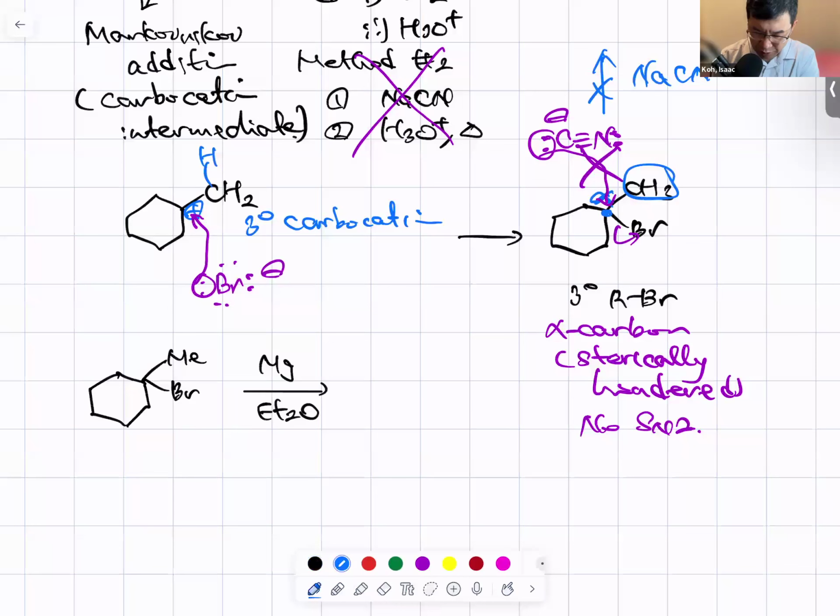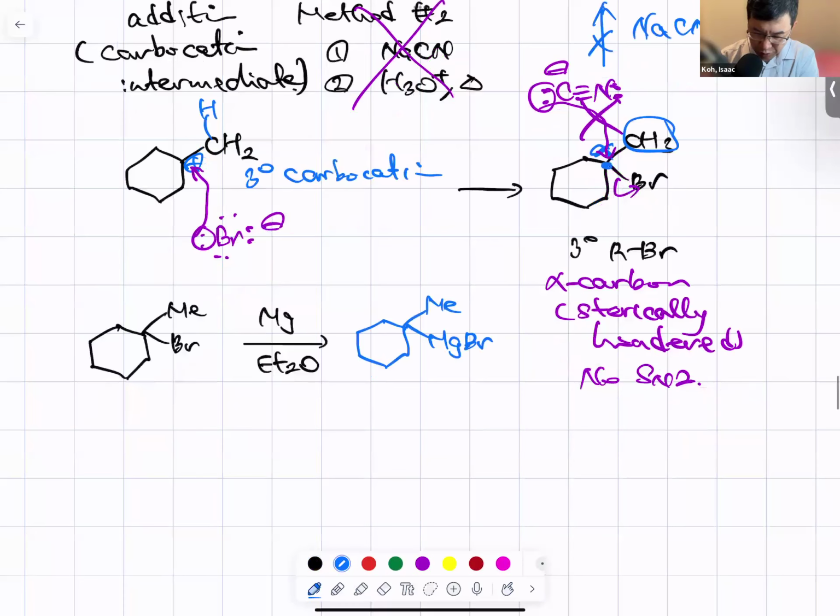Then magnesium will be inserted right there, magnesium bromide. First let's write this one. This is equivalent to a carbanion, this carbanion and magnesium bromide.